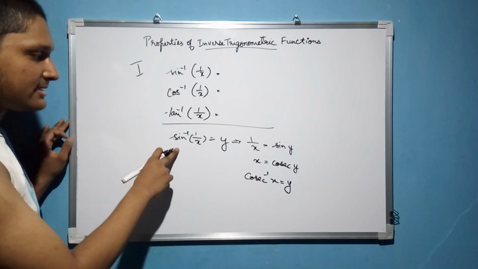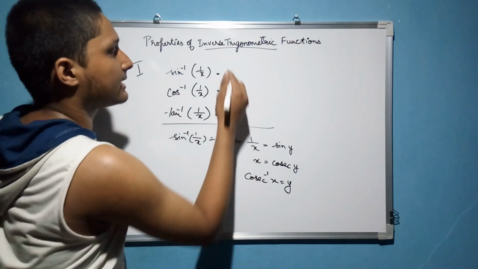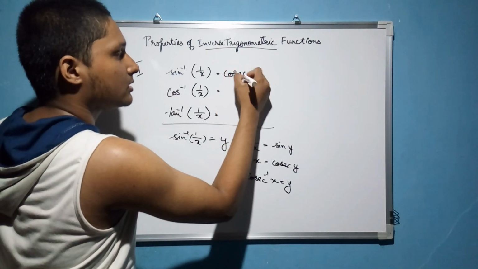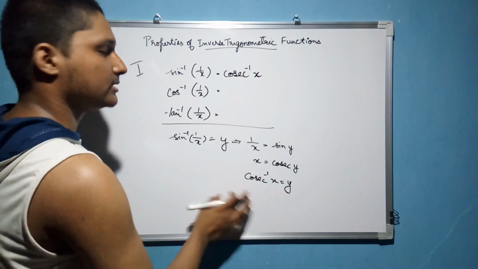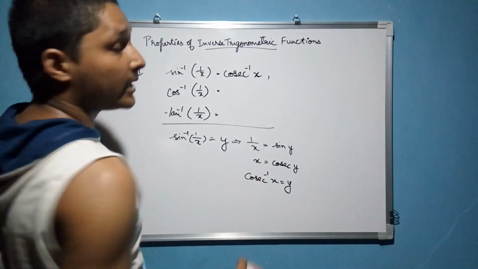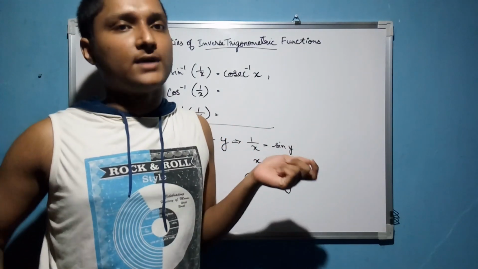But y was equal to sin inverse 1 by x, and also y is equal to cosec inverse x. Therefore, sin inverse 1 by x is going to be cosec inverse x. That is the thing. So what should be the domain here? The domain should be that of the cosec inverse function.